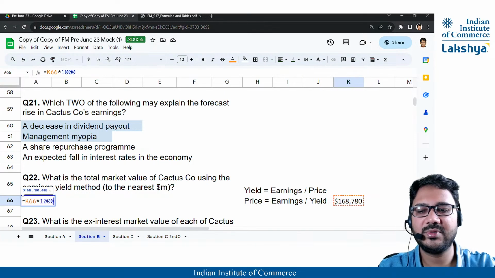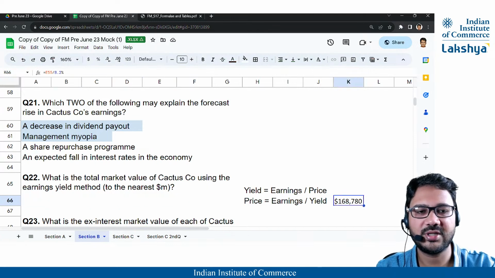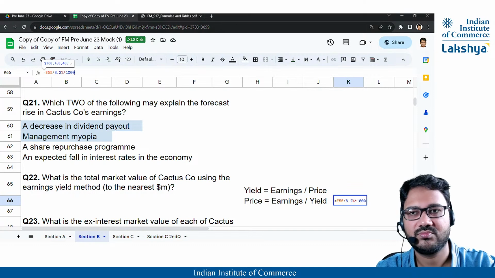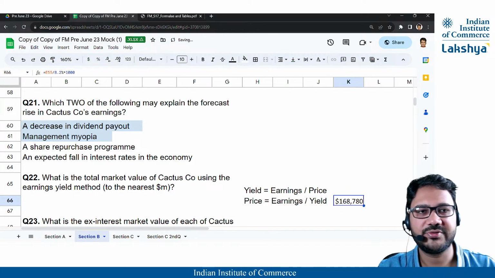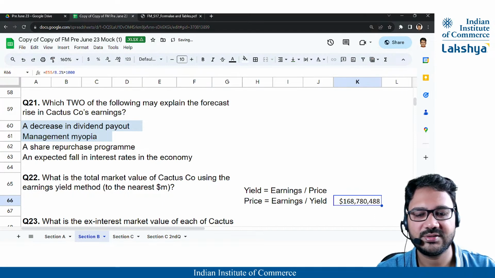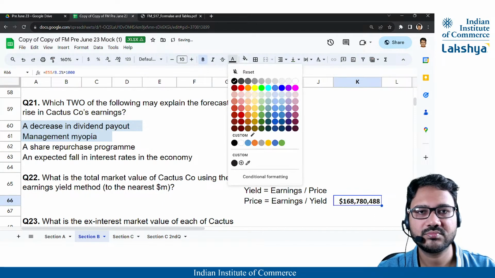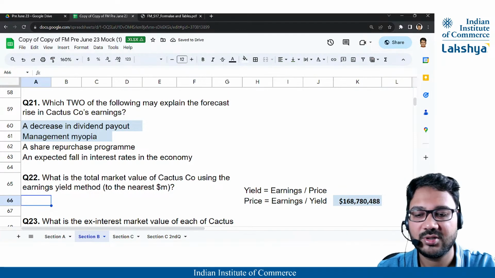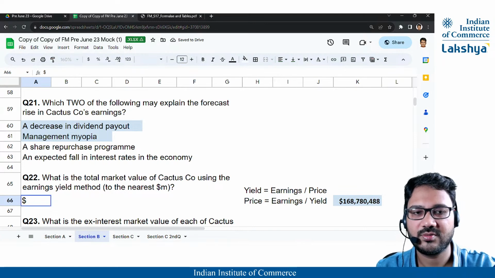Oh, they said nearest million. So these are actually in $1,000. So let me just multiply it over here, just to avoid any confusion. This is the final answer. So that means it is $169 million.